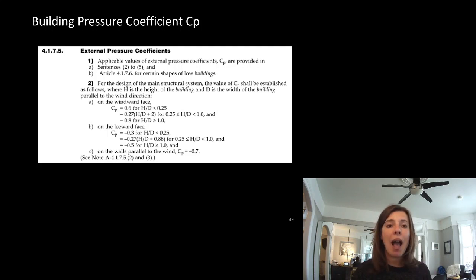Now the definition of high-rise has to do with the ratio of your height to your shallowest dimension. So you can imagine a 4-story house that's really narrow is now considered a high-rise building. So that came into play in that project. So in a high-rise, here's how you calculate CP, but we're not going to have to do it because we're going to be using the low-rise classification.